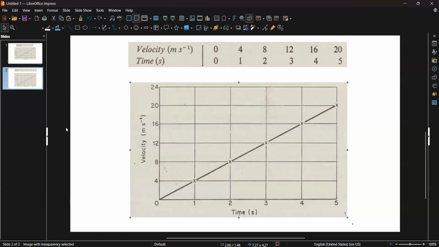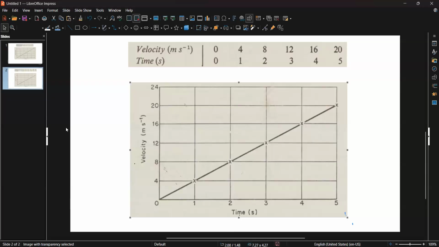What is peculiar to the gradient of a straight line? Any point on the straight line is supposed to have the same gradient. Very good. That's the point. And therefore, if the gradient is the acceleration, then the acceleration is constant everywhere, right?